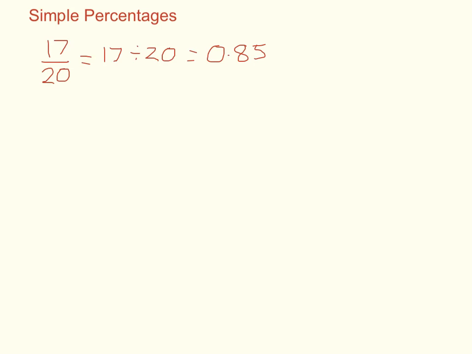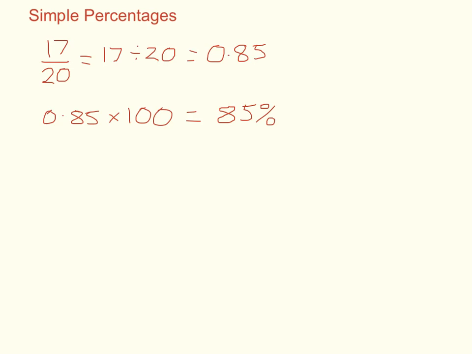0.85. Now, to get any decimal to a percentage, what we can do is we simply multiply by 100, so 0.85 multiplied by 100 gives me my percentage, which is 85%. So you can see, for example, whoever did this maths test did pretty well.